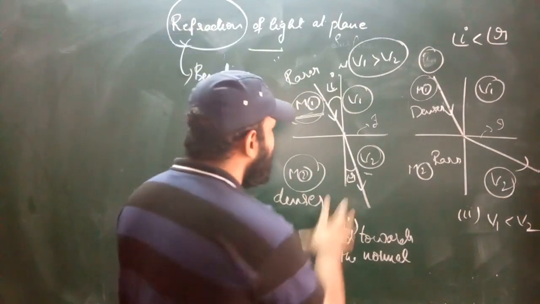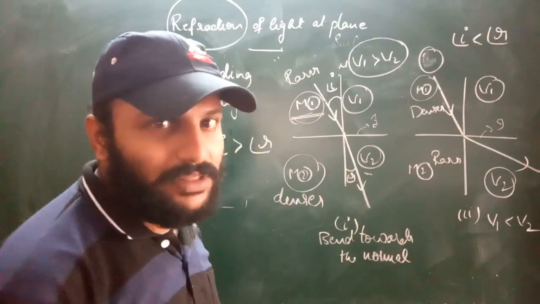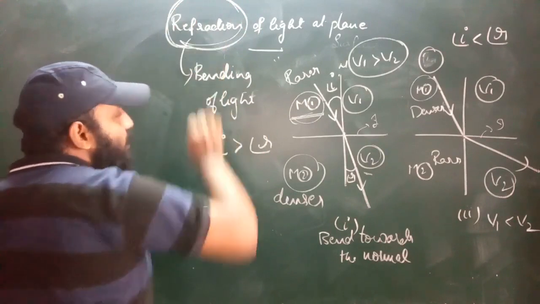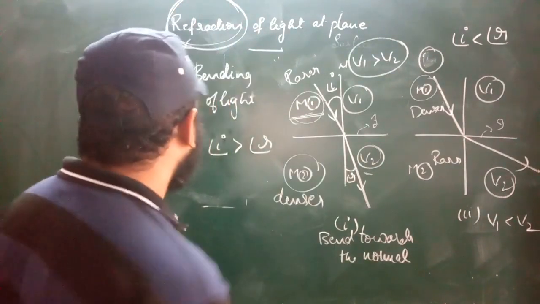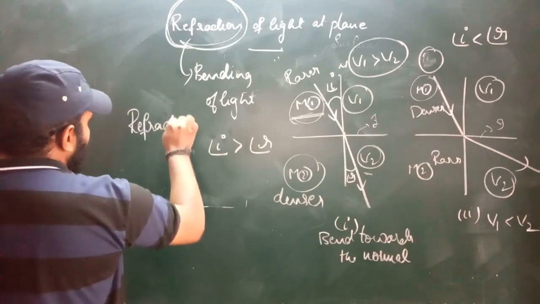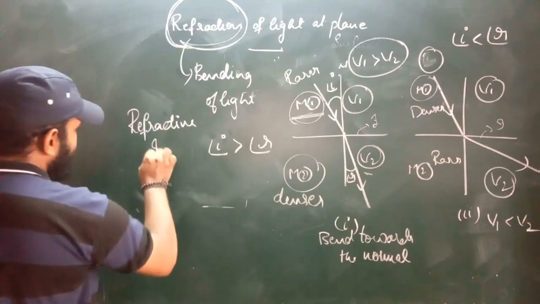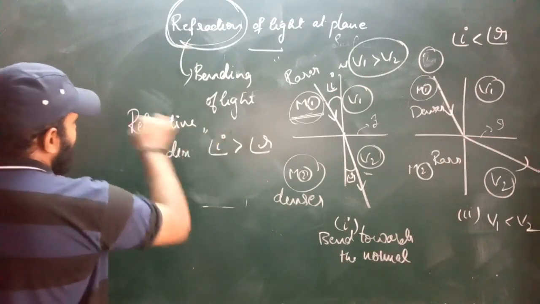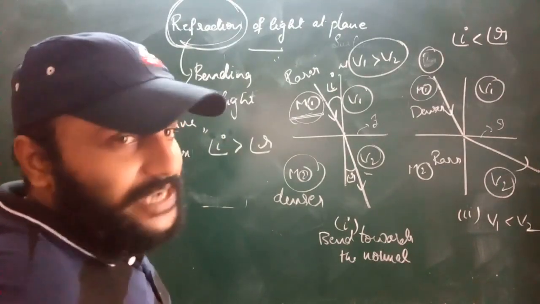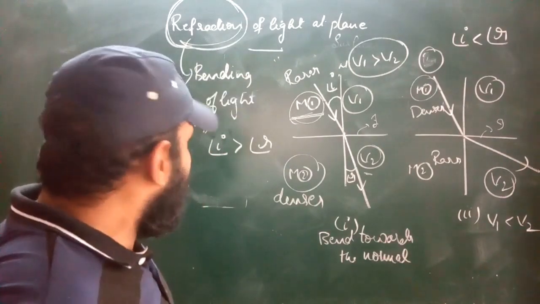On what factor does refraction depend? If you observe here, the medium plays an important role in the bending of light rays. So refraction depends on a property called the refractive index. Refraction depends on one constant called the refractive index.